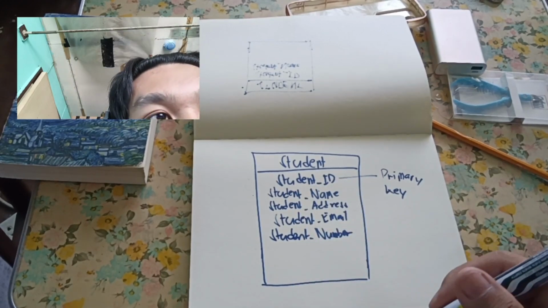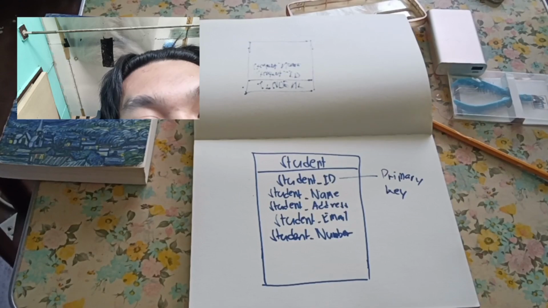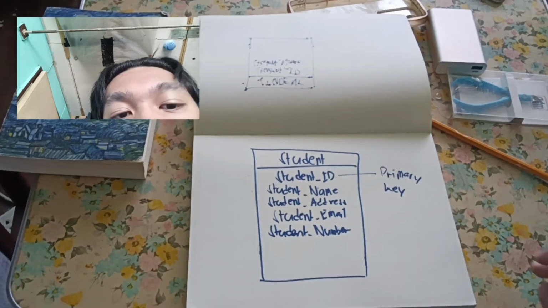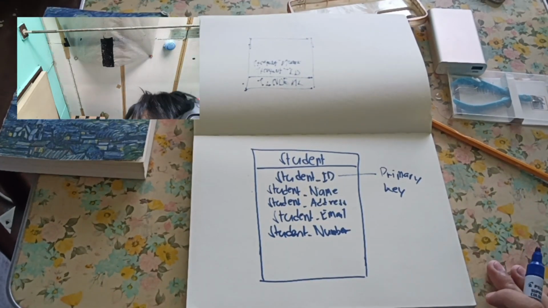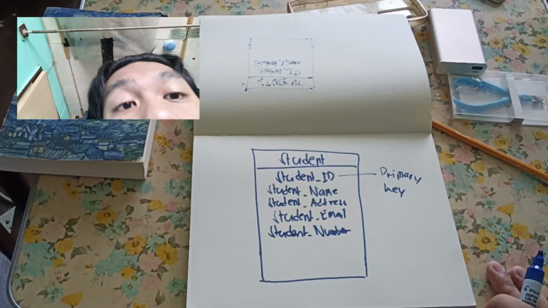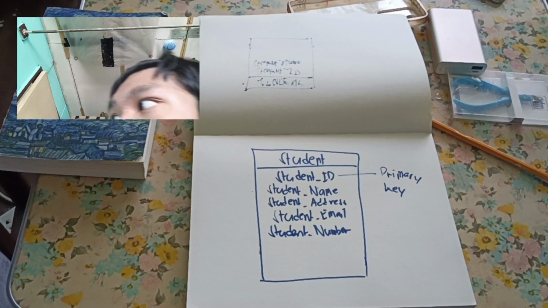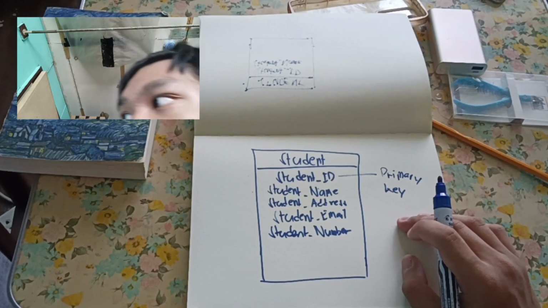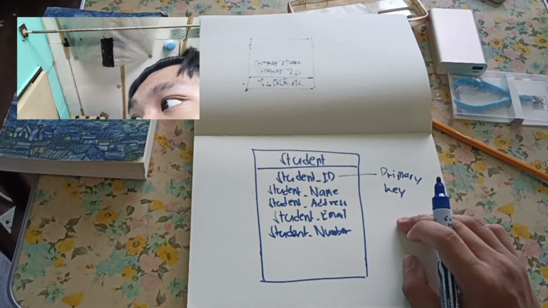So let's proceed to the next one, which is the candidate key. A candidate key is a set of attributes that can uniquely identify a tuple. And when I was researching, I saw that minimal super keys are called candidate keys.